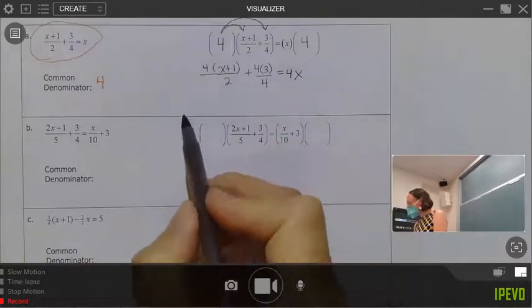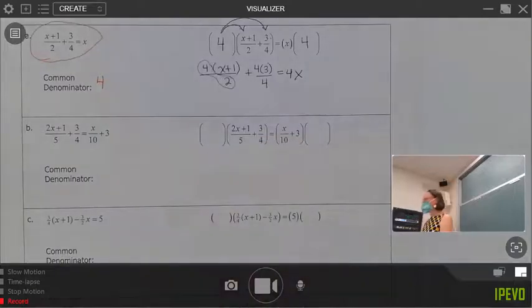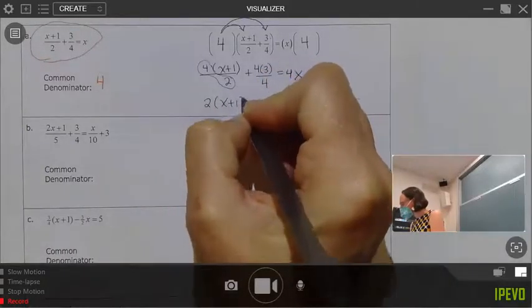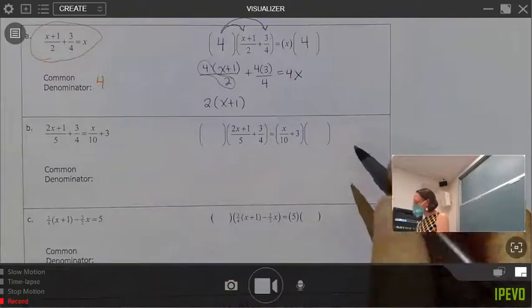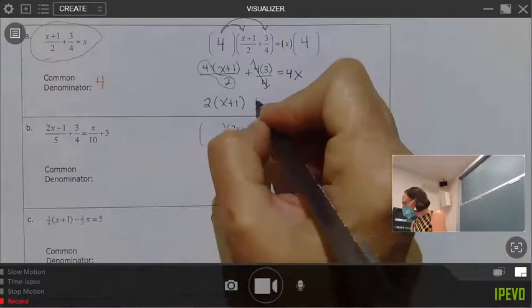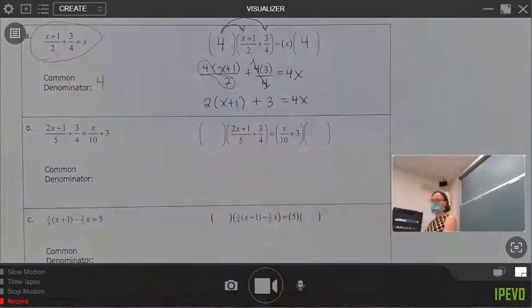I'm instead going to look at that 4 over 2 piece and reduce that first. So 4 divided by 2 is 2. So this turns into 2 times x plus 1. Over here, my 4s become a 1. So I've got plus 3 is equal to 4x.